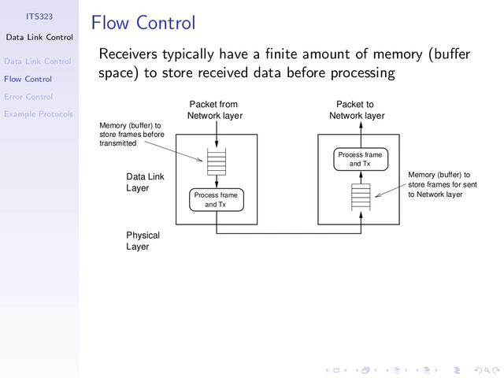What can happen is we're transmitting frames, we've got many to send, they come in, they're put inside the buffer or the memory here, and it takes a long time to process each frame. So as it's processing the first frame, another 2 frames come in and are put inside the buffer. And as it processes the next frame, more frames are arriving. They're all stored inside this memory here. And because we have a finite amount of memory, it may fill up.